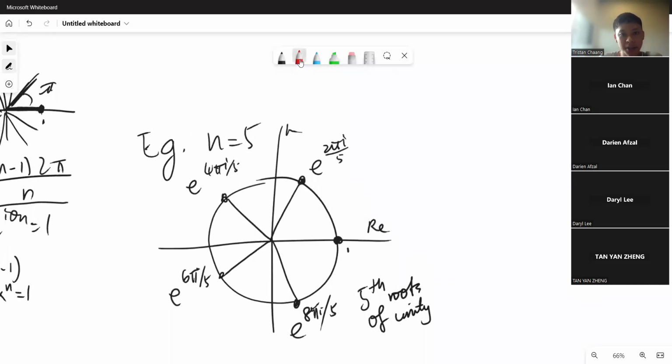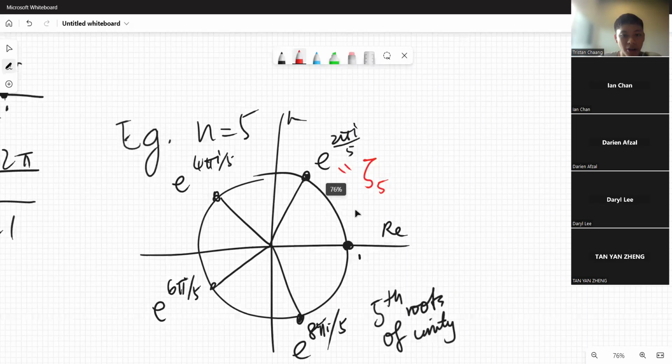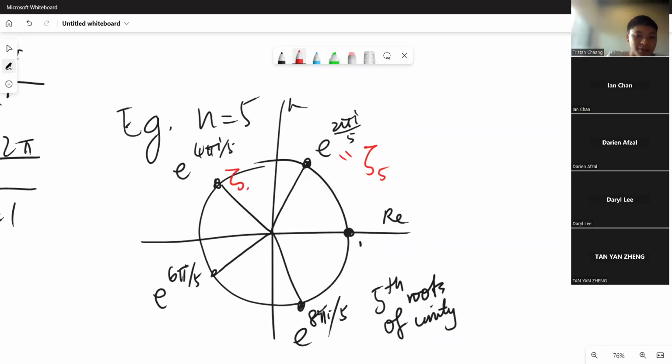Can we write this in a nicer way? I can let the one with the smallest positive argument be given a new symbol. Let's say zeta n. Zeta 5, because it's the 5 case. Then all of the other ones are just zeta 5 to the power of 2, zeta 5 to the power of 3, zeta 5 to the power of 4, and zeta 5 to the power of 5, which is zeta 5 to the power of 0, same thing.